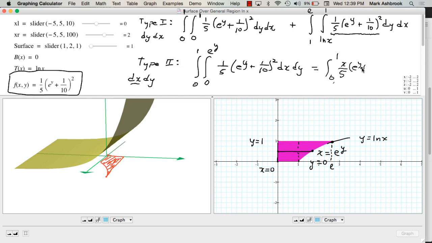So the variable that you're doing an antiderivative with respect to makes all the difference. And that will be from 0 to e to the y, dy. And now I get 0 to 1, e to the y over 5 times e to the y plus 1/10 squared.